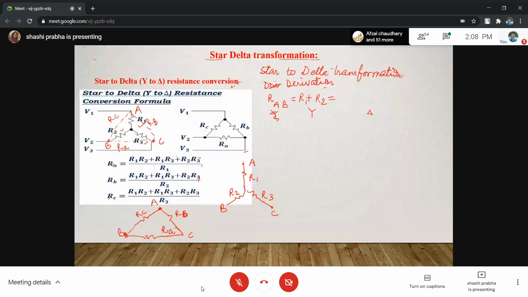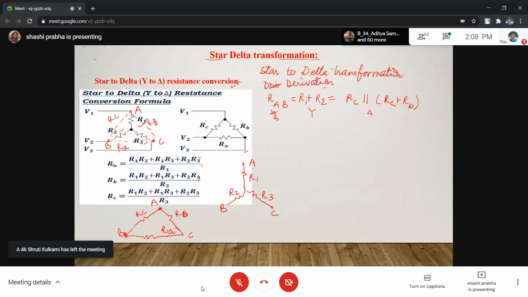Resistance between A and B. A to B में जाना है. So this is one path, A to B through RC. Second is RB and RA. So we find that RC is in parallel with RA plus RB. Are we clear? RC is in parallel with RA plus RB.